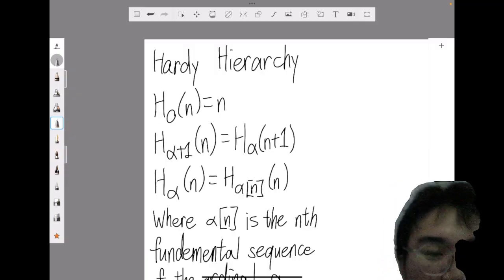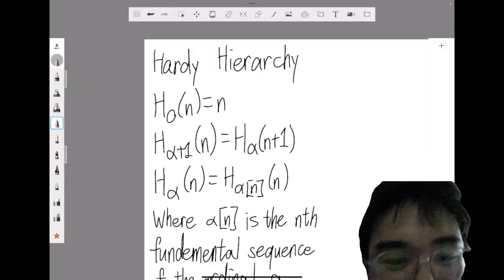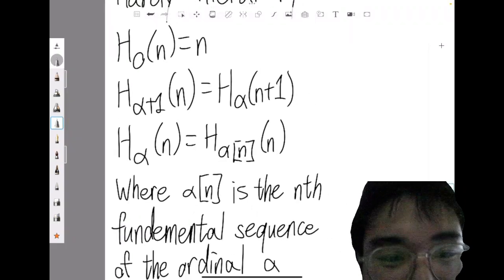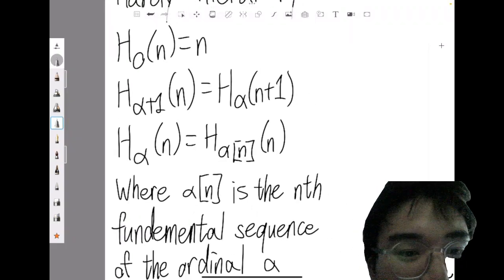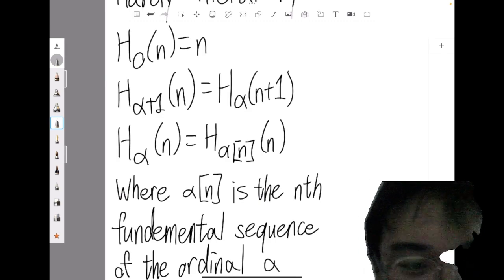Firstly, h sub 0 of n equals n, and then on the second row, h sub alpha plus 1 of n equals h sub alpha of n plus 1.